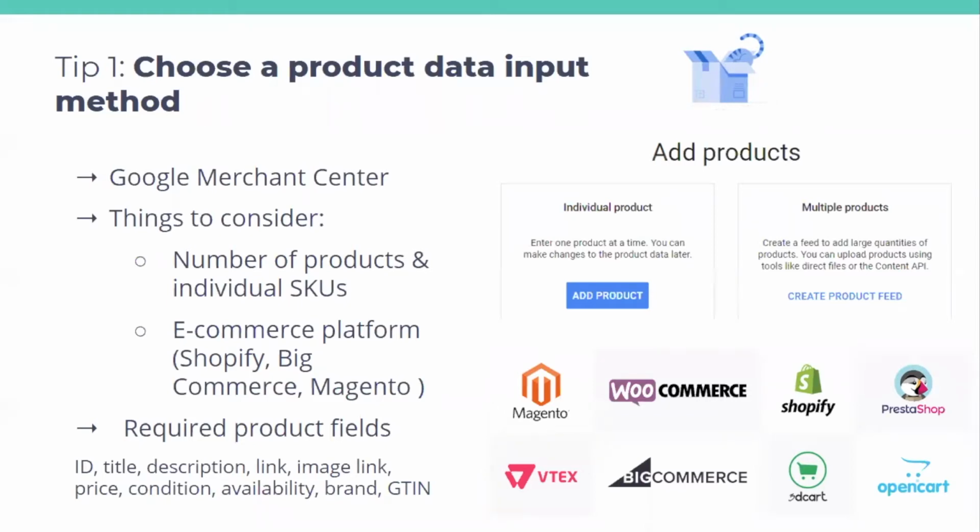You'll need a link to the product page, image link, a price, condition, new or used, availability, and a brand. And then depending on what types of products, there may be other required fields. If you're doing apparel, you definitely have to have an age group, a gender, color, size, material, pattern. So lots of info that Google wants just to get you started out of the gate.